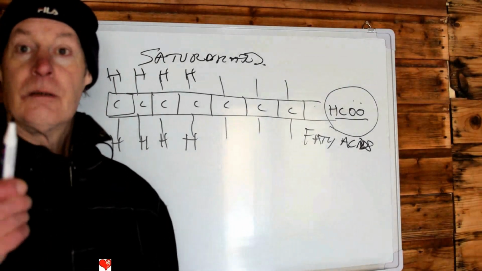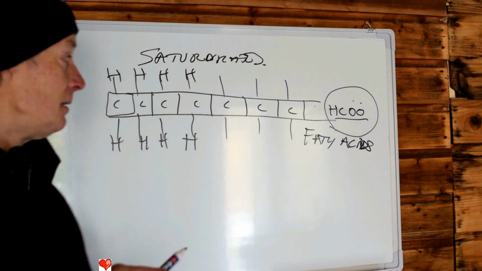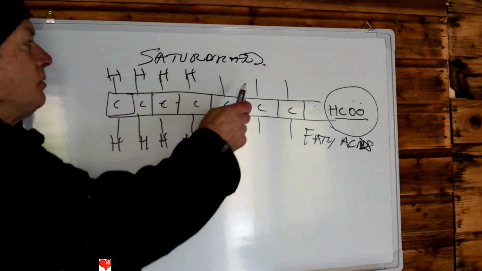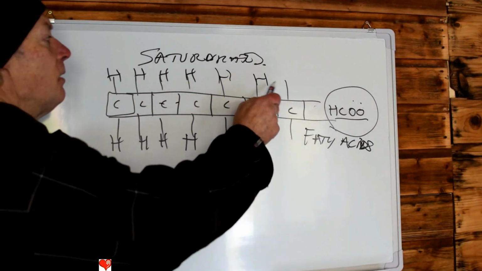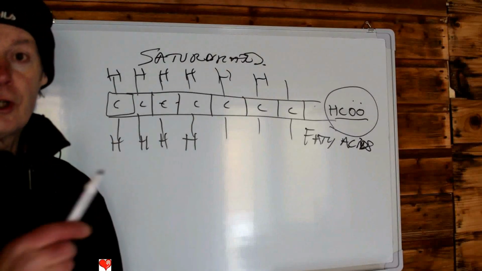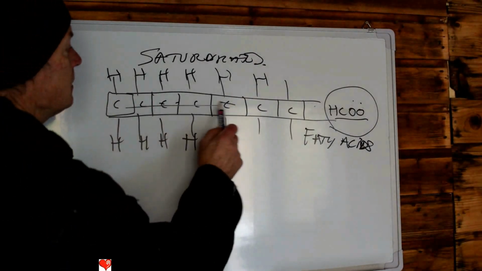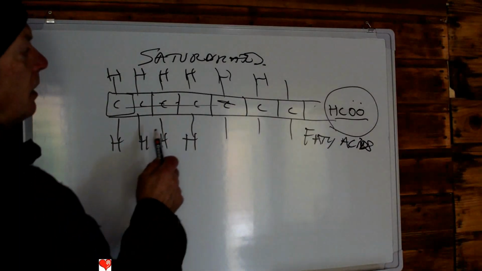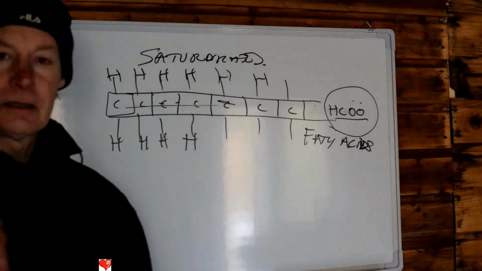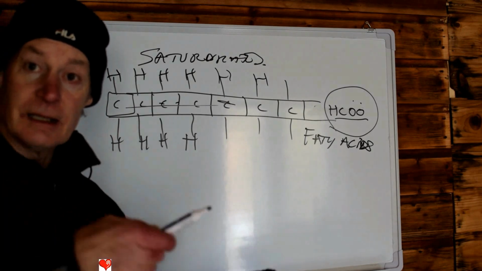Now, what's the difference? Simple. Carbons in the middle, hydrogens either side, all the way along. It can be a short chain, that's the chain, or it can be a medium chain or a long chain. Hence the term short chain fatty acid.